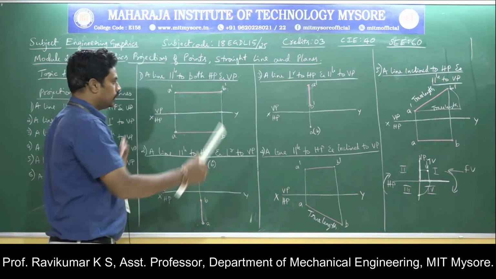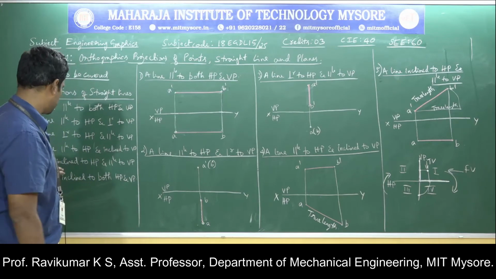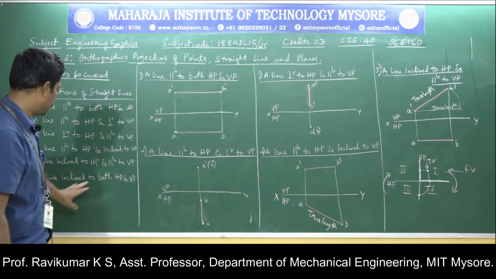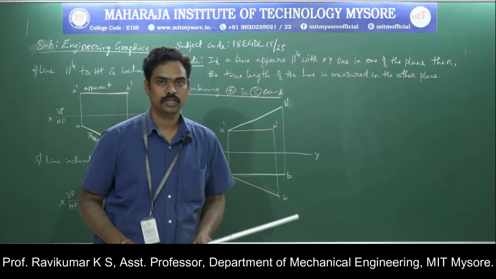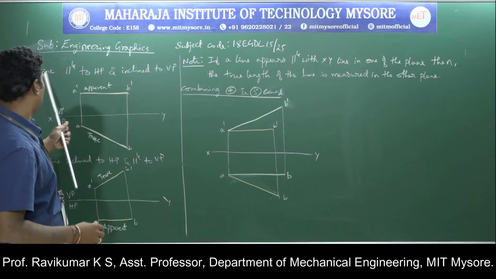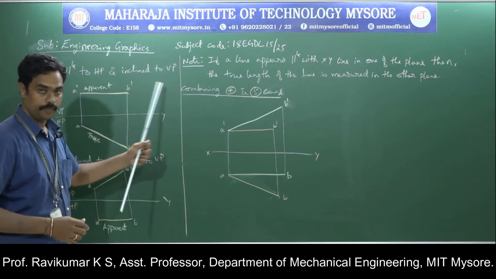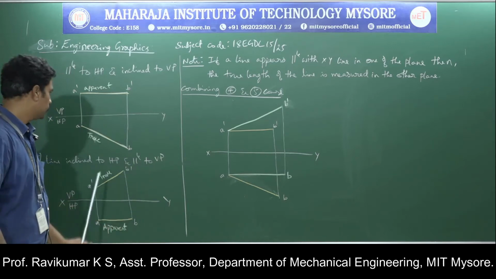Okay, so using this concept, we'll extend our discussion to the sixth case, that is a line inclined to both HP and VP, which is most important. This is the fourth case, line parallel to HP and inclined to VP, and this is the fifth case, line inclined to HP and parallel to VP.